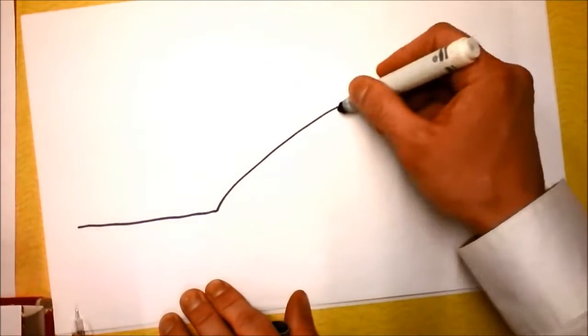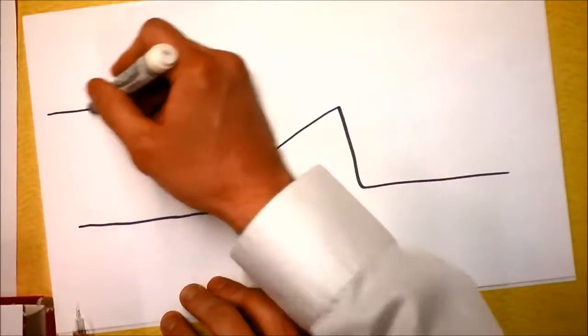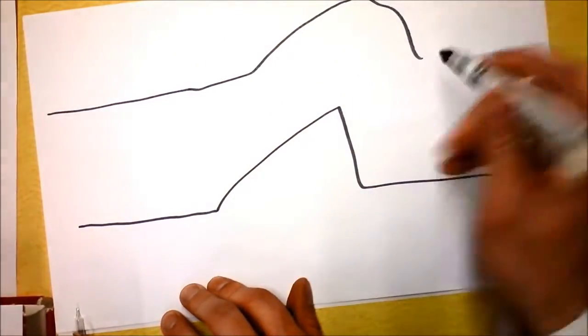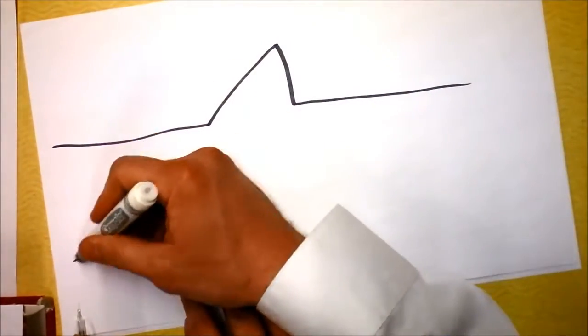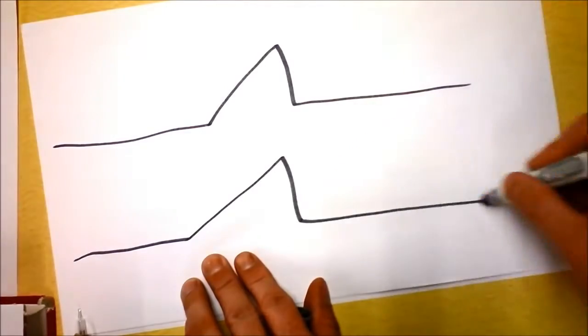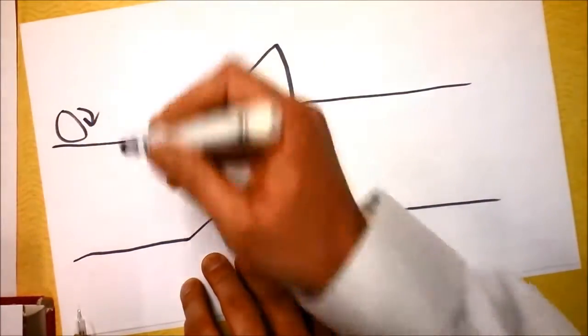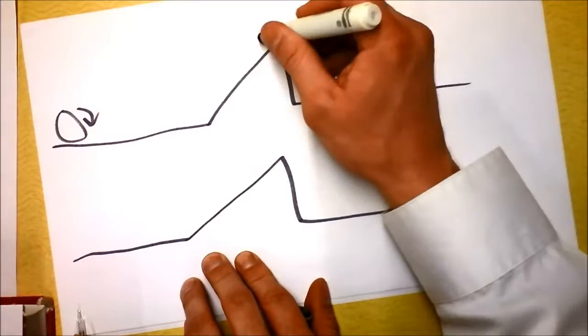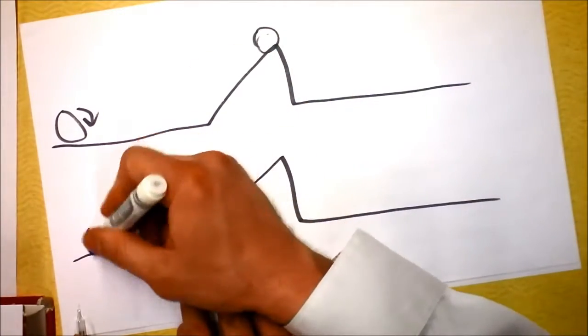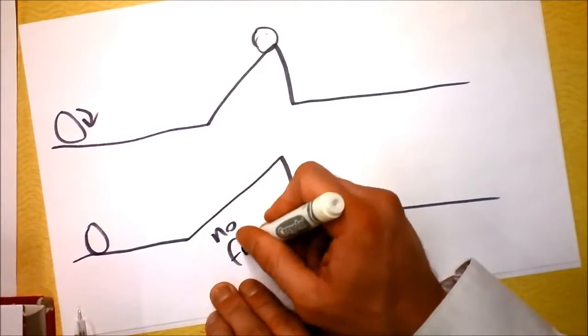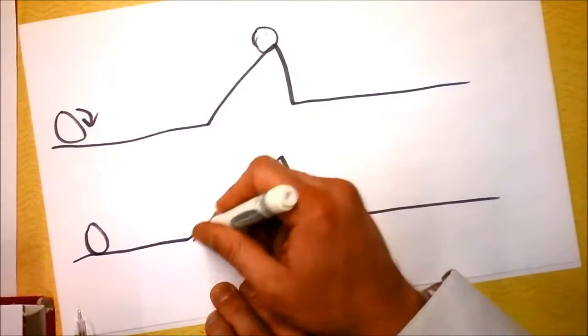It says, suppose instead that the ball, and so the initial situation was the ball goes up the ramp and it rolls without slipping here. And in this situation, there's no friction on the ramp.